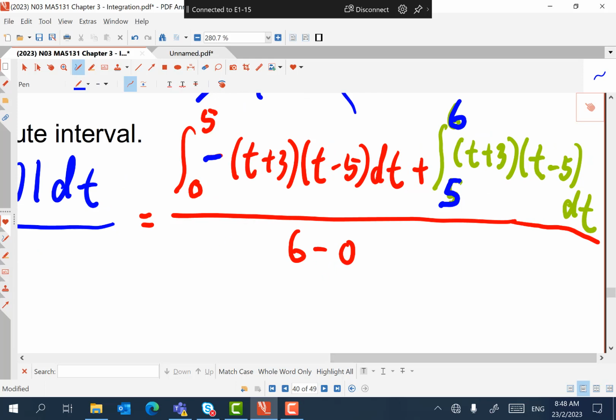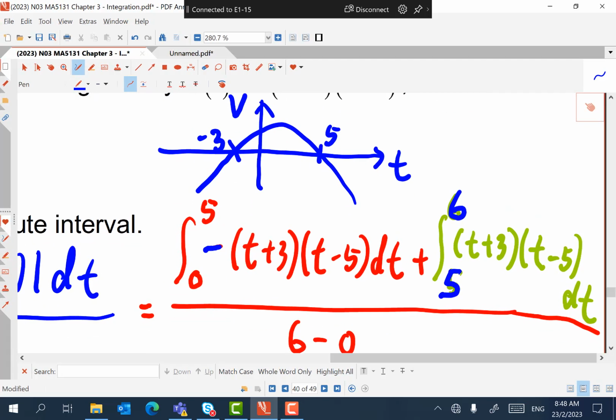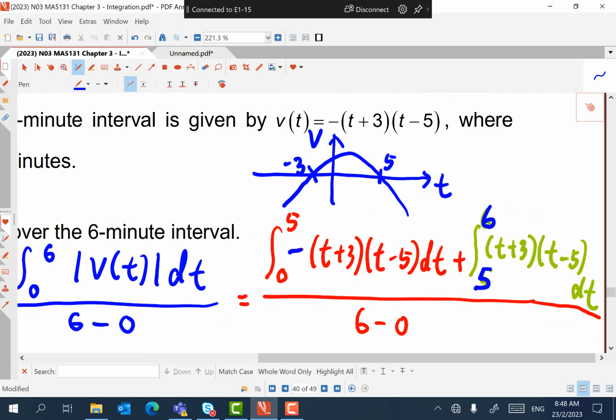Is it visible now? Can you see the graph again? Sure. Oh yeah, no. It's very nice to go digital, no? I can enlarge my handwriting right away.